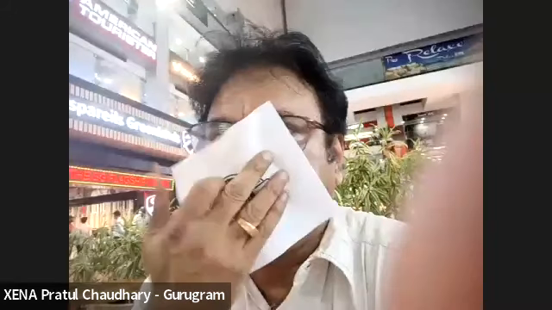And since the road is dedicated, say for example, one lane for up direction and one lane for down direction, that will be kept for the bus to ply.